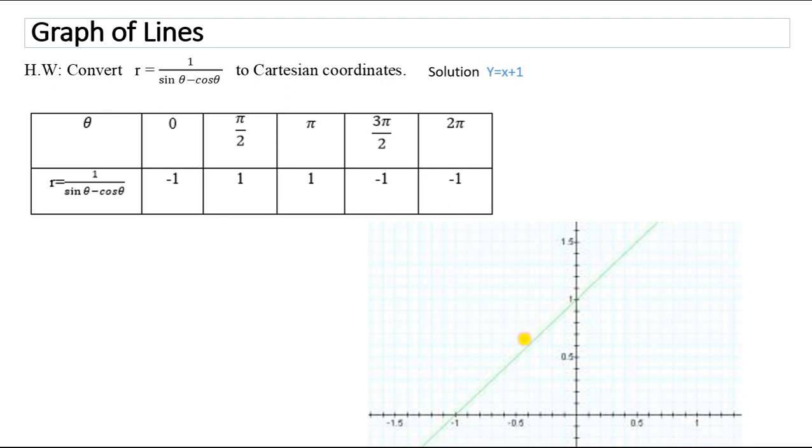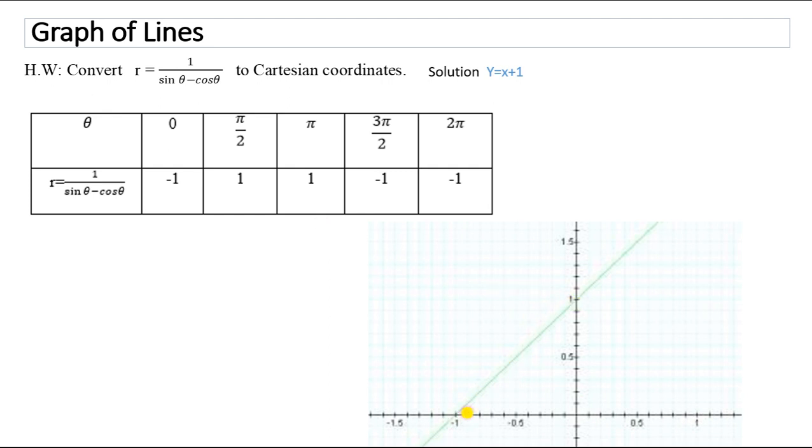Theta equals 2 pi, this line. Because r is negative, the point lies in the opposite quadrant, there. This point, this point, this and this.